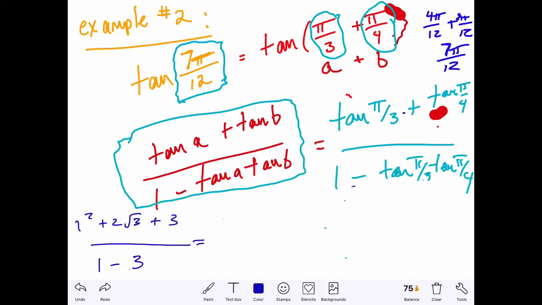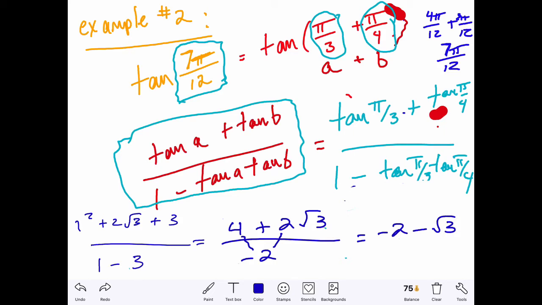So 1 squared is 1 plus 3 is 4 plus 2 root 3 over 1 minus 3 is negative 2. Now, that negative 2 can go to both, and remember, it only cancels with what's outside of the radical if that's also outside, right? So that would change both the signs into negative 2 cancels here with the 4 to make it negative 2, and then both 2's cancel, but you're left with the negative there, negative root 3.